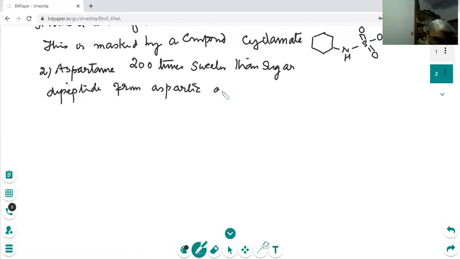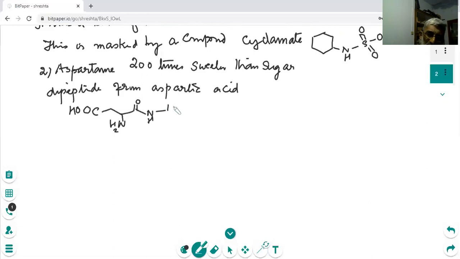I will draw the structure, that is better. COOH, CH2, CH, NH2, CO, NH. See the peptide linkage.